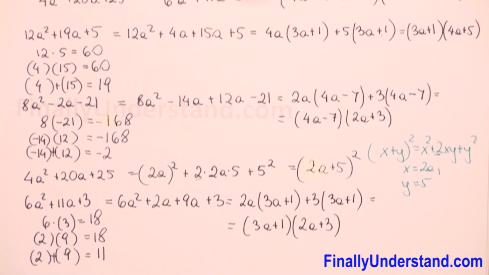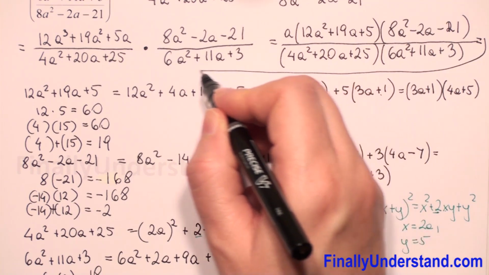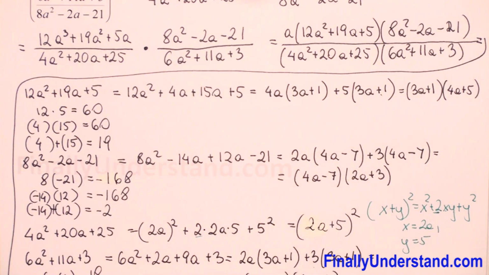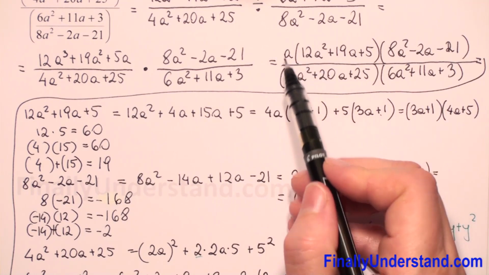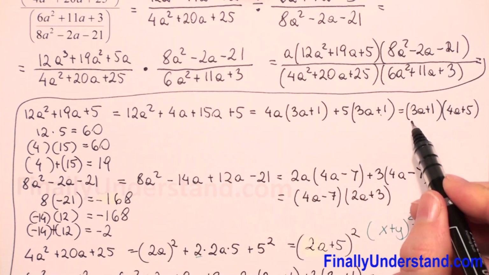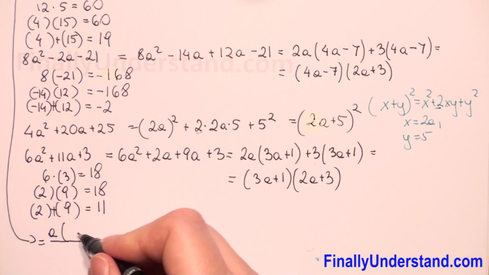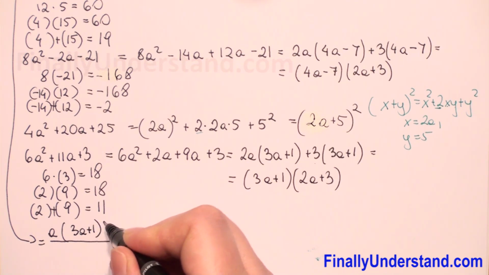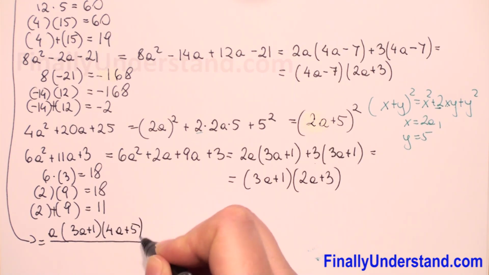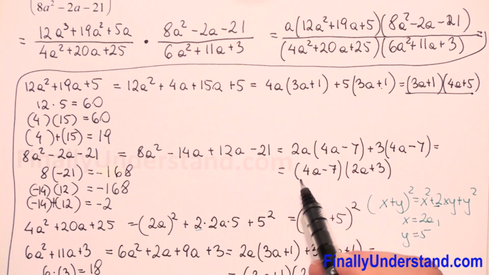So now we can rewrite our algebraic fraction. We have to copy a. Next, the first term in parentheses we will substitute by this expression, so we have 3a plus 1 times 4a plus 5. Next, the term we factorized is equal to that term.